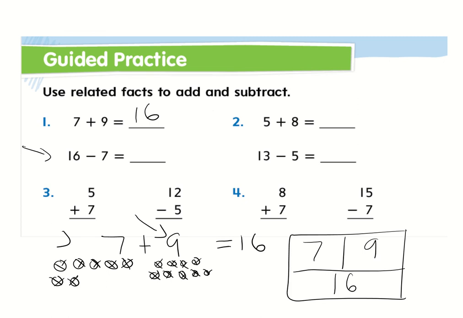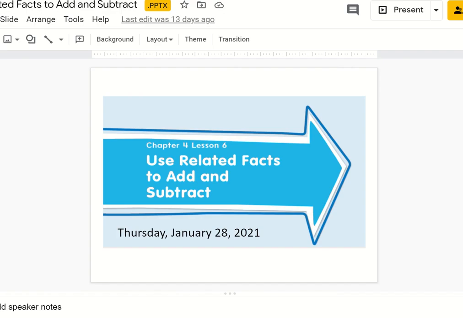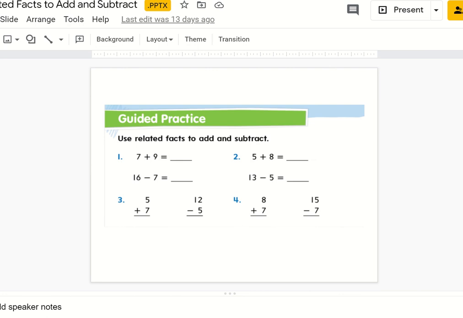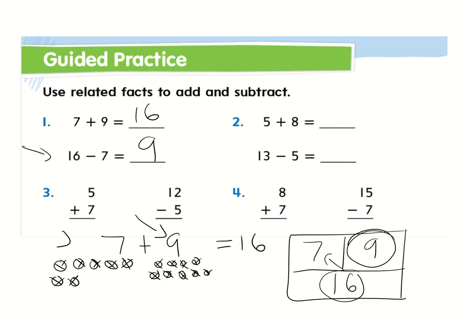So that means if I do 16, take 7 away, I'm left with this other part right here, which is going to be 9. So using the same exact numbers here, boys and girls, as I jumped to the wrong page, sorry about that. Coming right back to it. 16 minus 7 is going to equal 9 because we still have the same 3 numbers, but we're using one addition problem and one subtraction problem to work them both out.